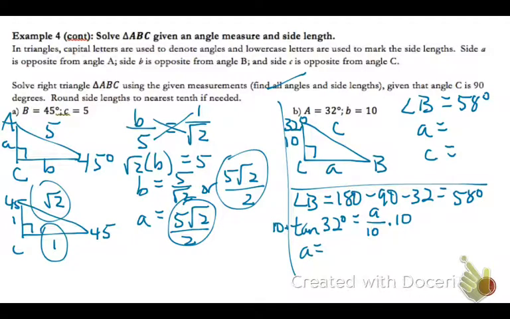So I'm going to take on my calculator 10 times the tangent of 32, close your parentheses, so 6.24, so that'll round to 6.2.